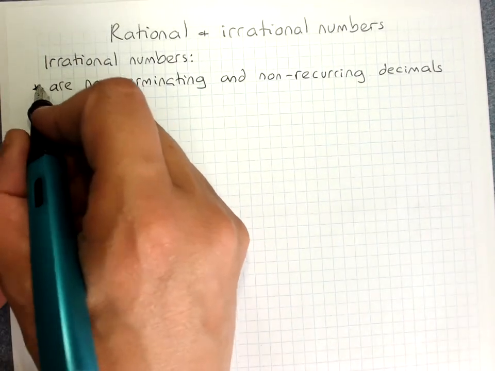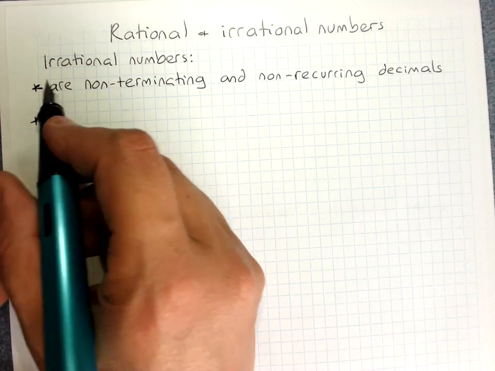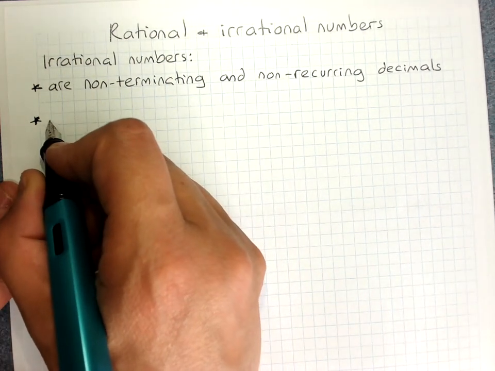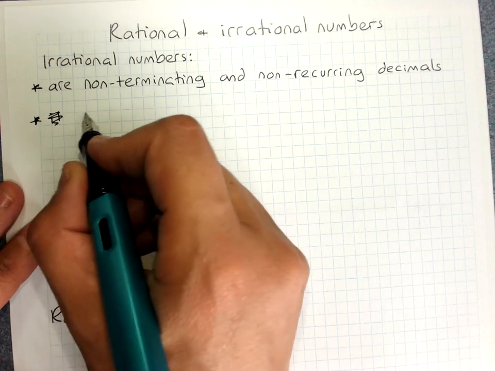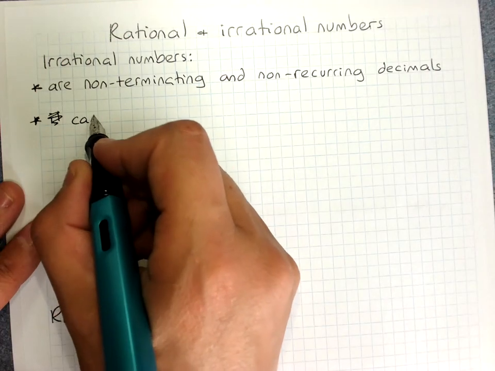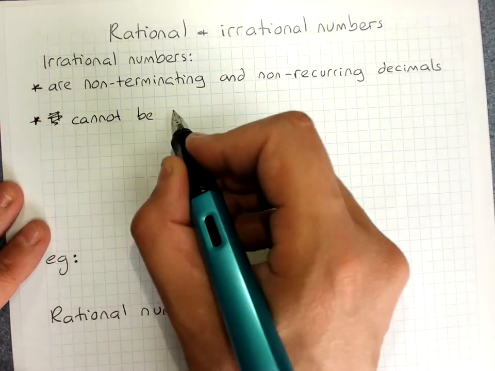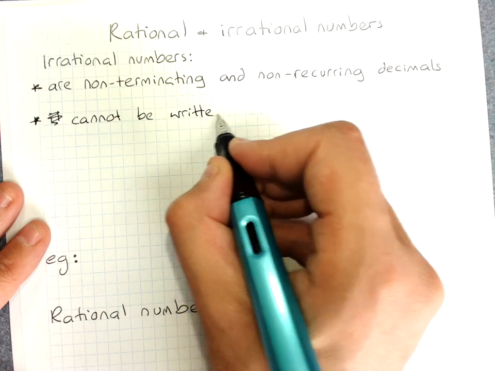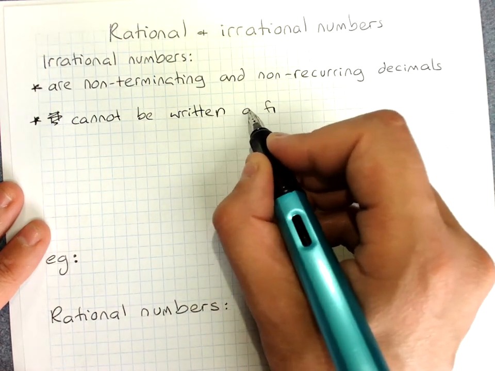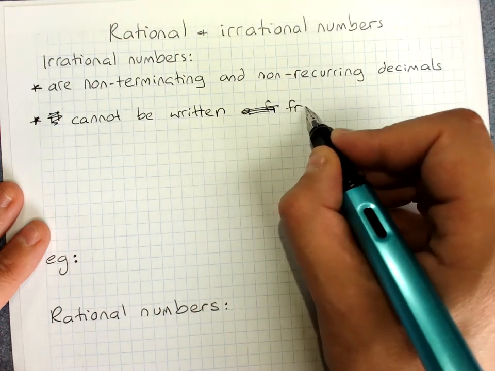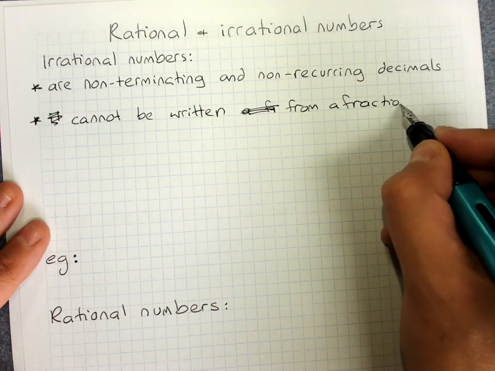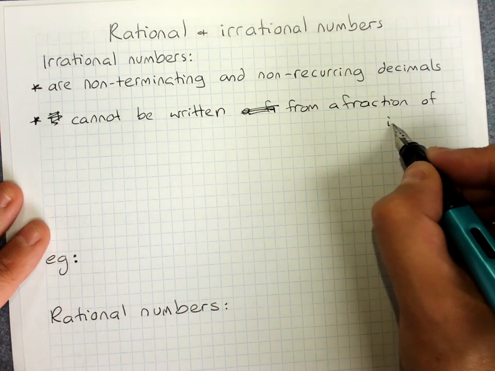And that's because the actual definition of an irrational number is that they cannot be written or calculated from a fraction of whole numbers or integers.